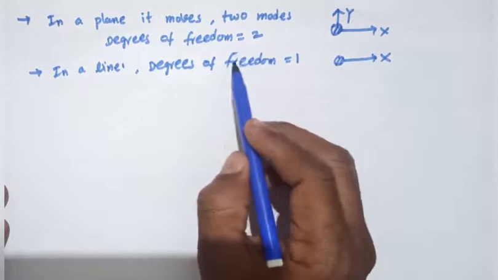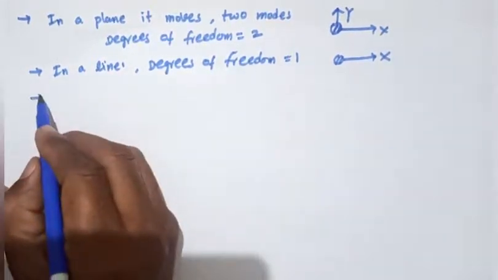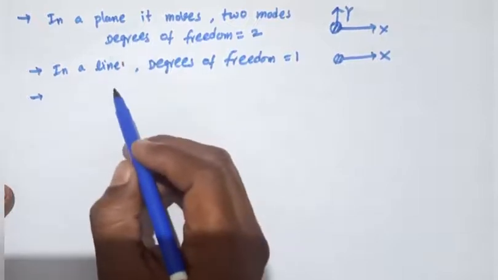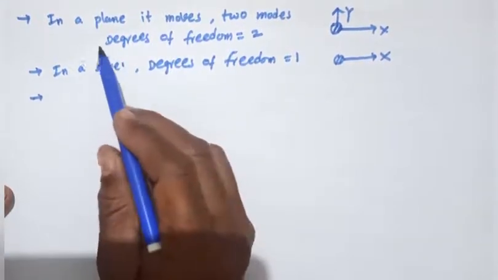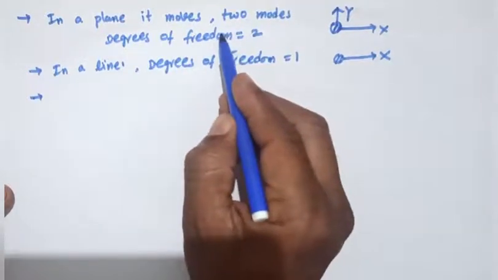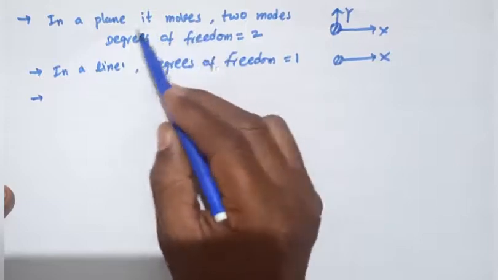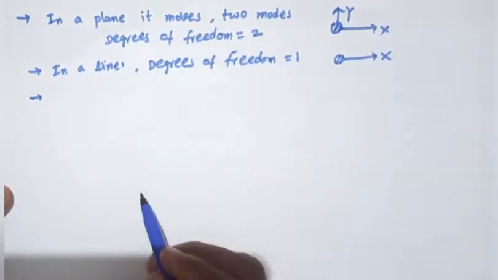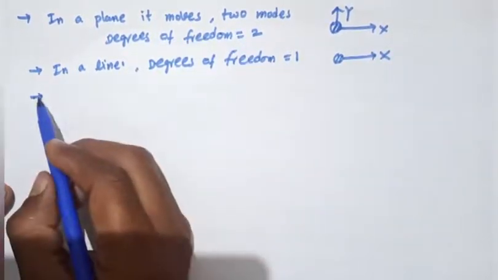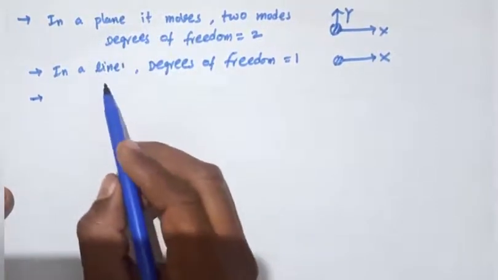For monoatomic, diatomic, triatomic and polyatomic molecules, the degrees of freedom are different. So this is about the degrees of freedom.